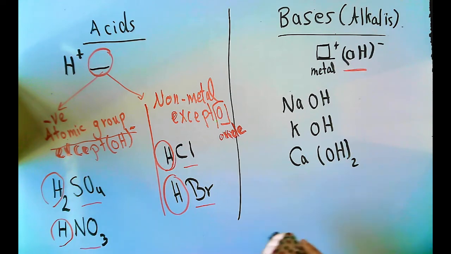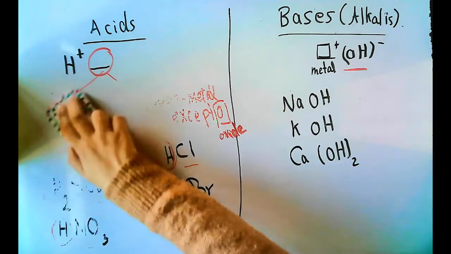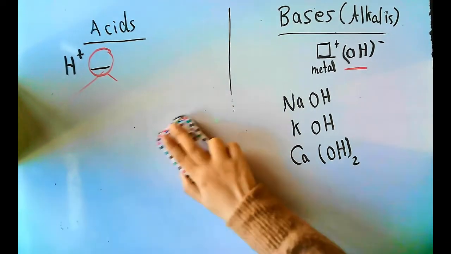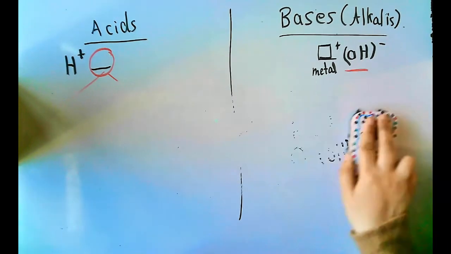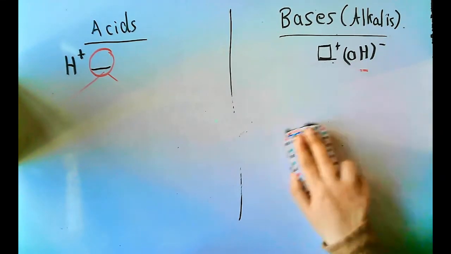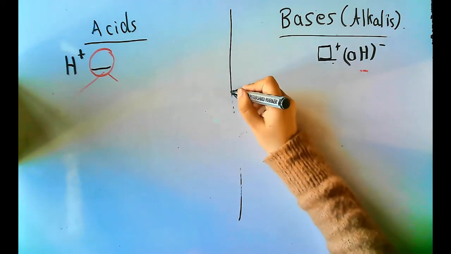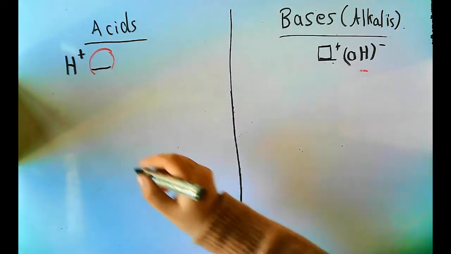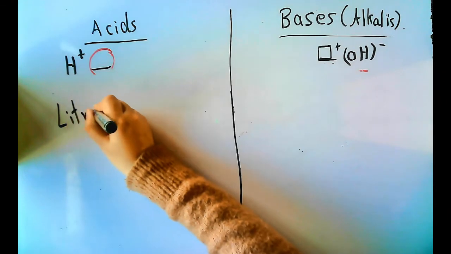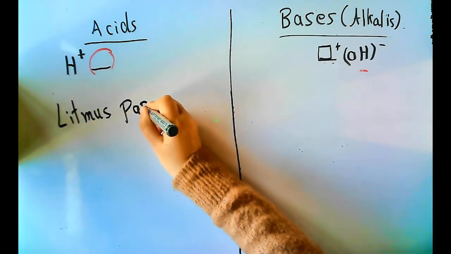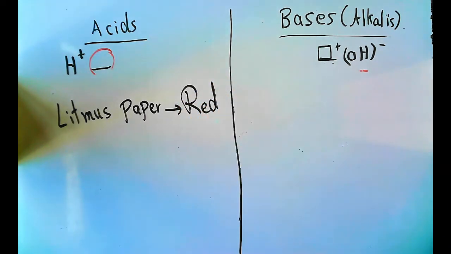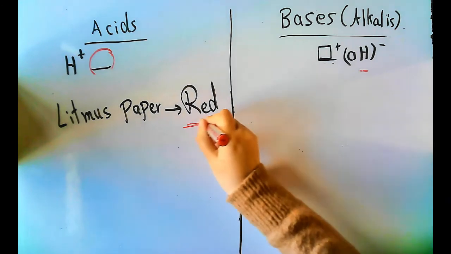Now we will take another comparison between acids and bases. Acids turn the color of litmus paper from blue into red.